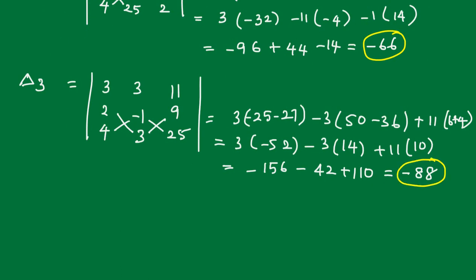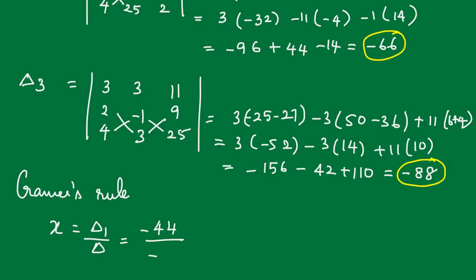Now delta is not equal to 0, therefore we can use Cramer's rule. By Cramer's rule, x is equal to delta 1 by delta. Delta 1 we got minus 44 divided by delta value minus 22, which gives us 2.